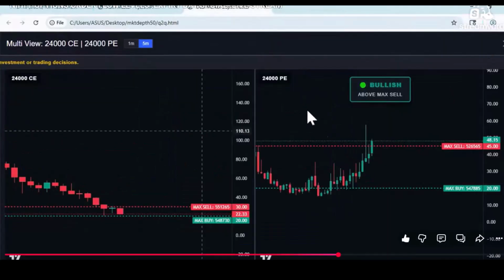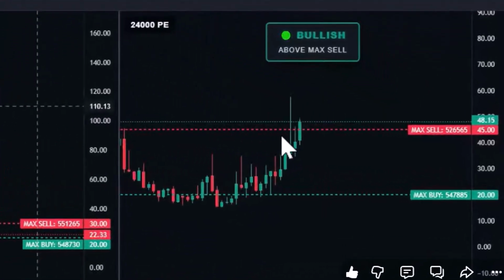Now for example, this is the 24,000 PE. You can see the 5 minute green candle breaks and closes above the maximum sell level, so it's a bullish trend. You can see the 5 minute candle is above the maximum sell level, so it's a bullish trend.